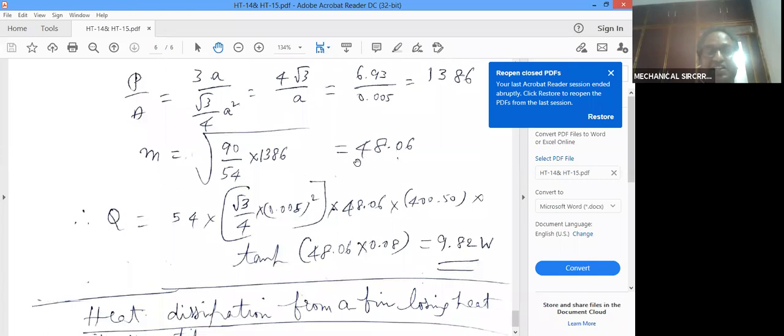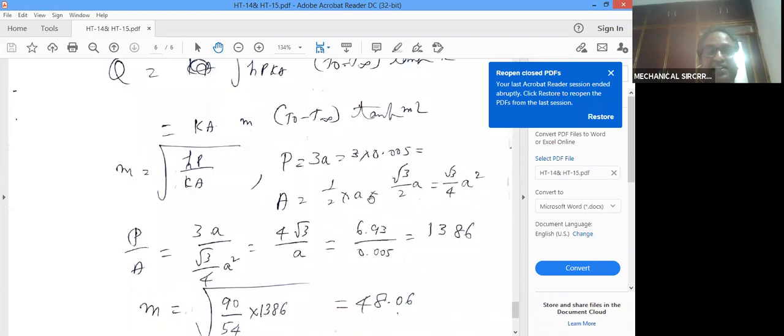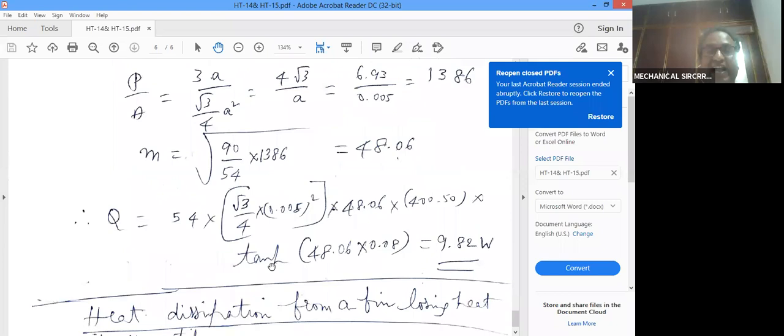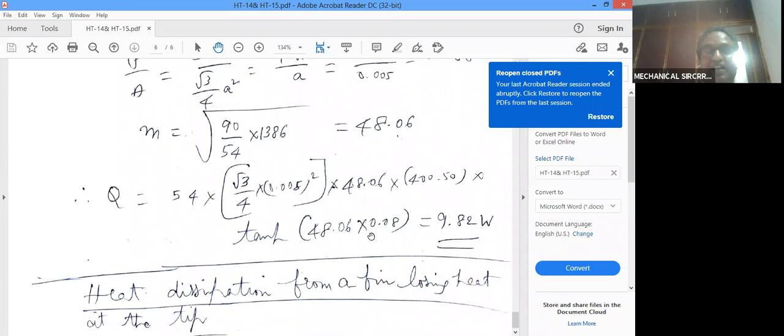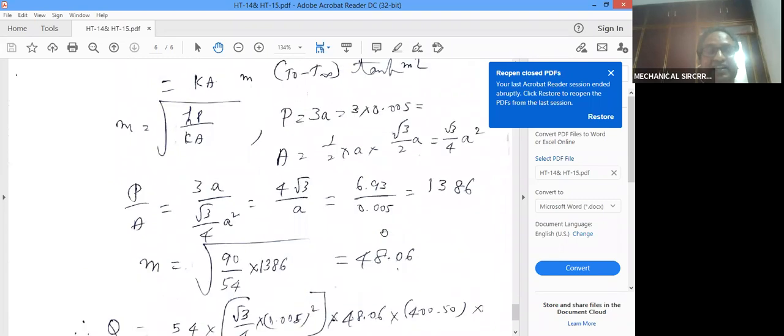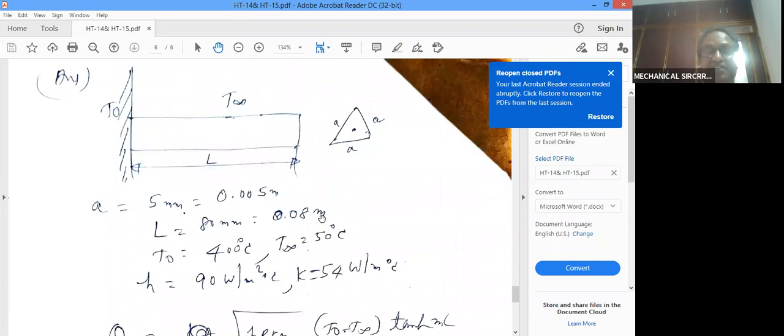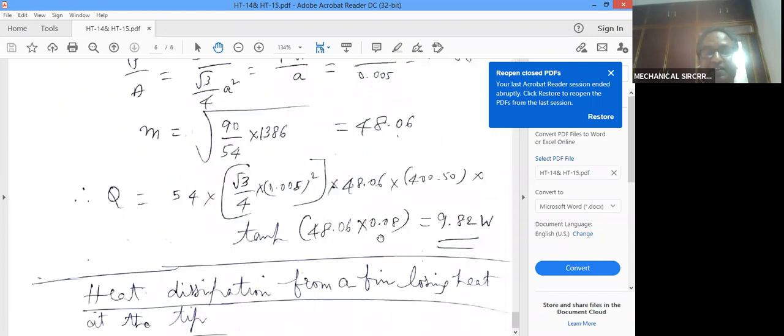T naught 400, T free stream 50 into tanh ML, tanh M value 48.06, L value, length of the pin given as 0.08 meters. After calculation, finally you're getting heat transfer rate Q is equal to 9.82 watts.